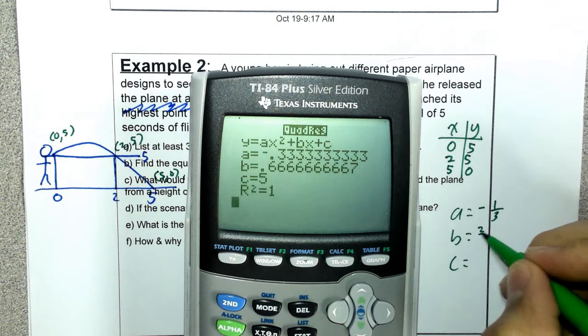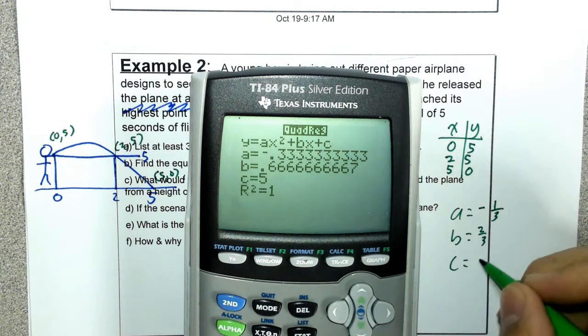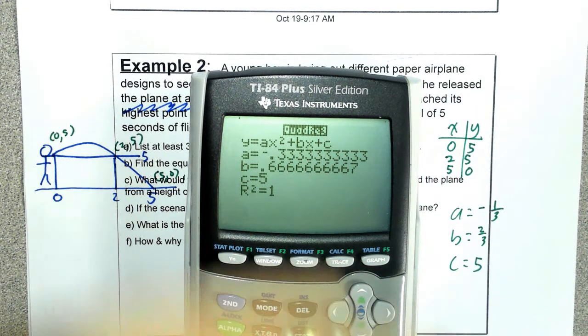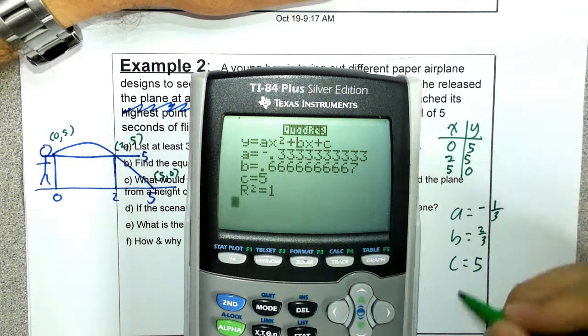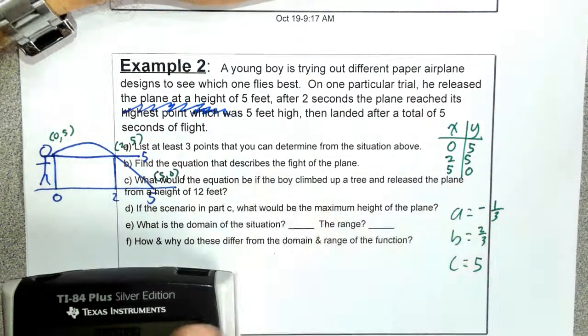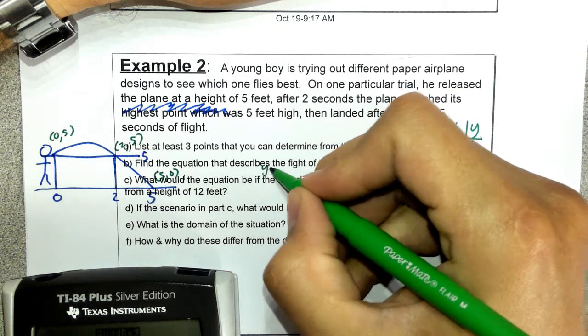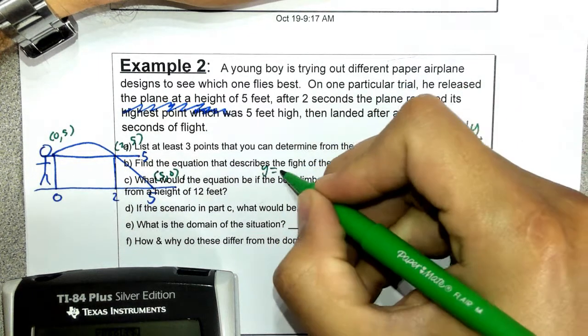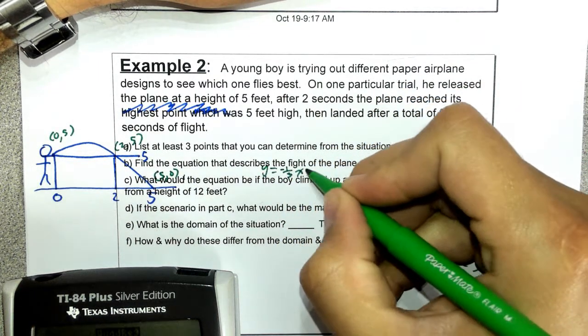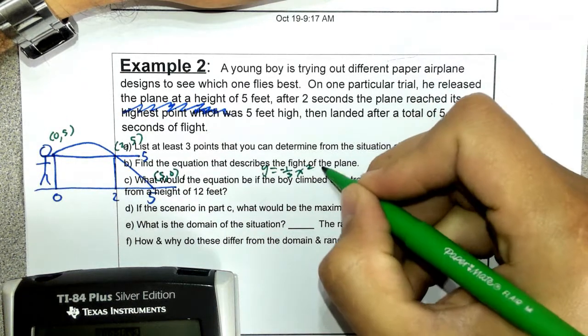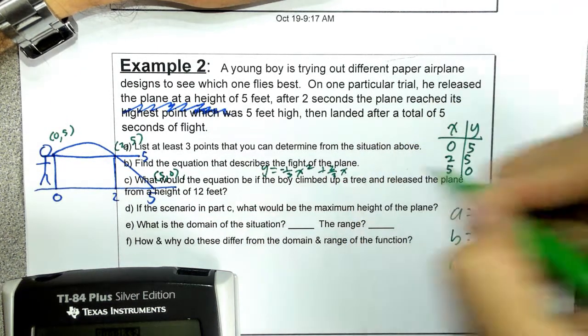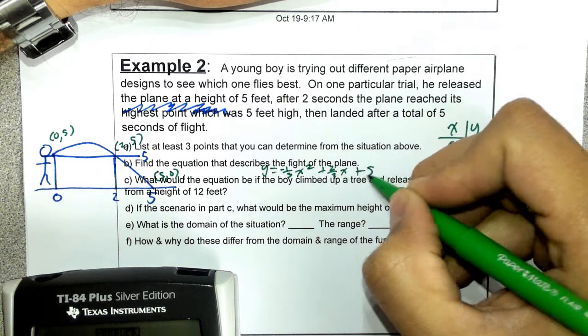That's 2/3. And then C is just simply 5. So my equation for this is going to be y equals negative 1/3 x squared plus 2/3 x plus 5.